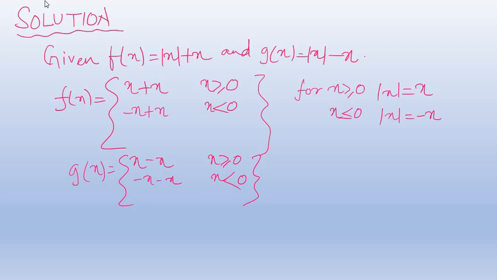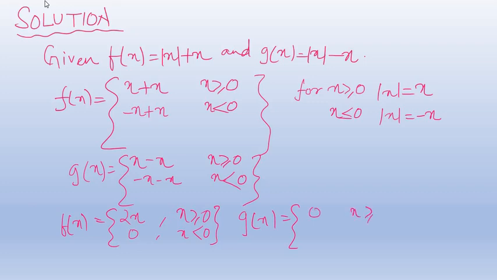Now simplifying, f of x can be written as 2x for x greater than or equal to 0 and 0 for x less than 0. G of x can be written as 0 for x greater than or equal to 0 and minus 2x for x less than 0. I hope you all have understood till this much.